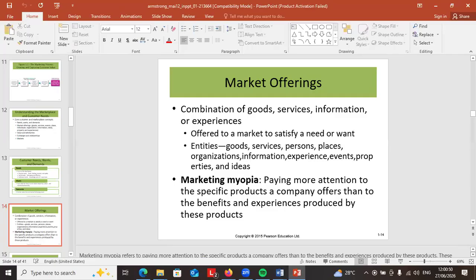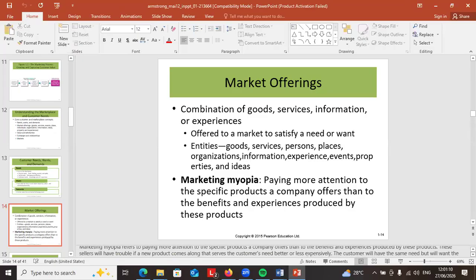Right. Now, it is important to put into perspective the concept of marketing myopia, which refers to paying more attention to the specific products a company offers than to the benefits and experiences produced by these products. In fact, these sellers will have trouble if a new product comes along that actually serves the customer's needs better or less expensively.